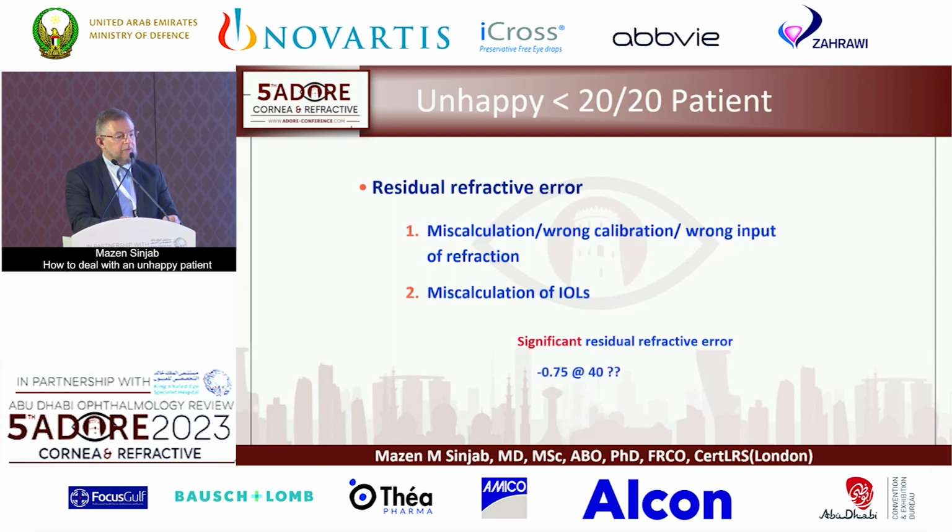Now, can we say that any refractive error is significant? Well, this depends on the previous refractive error and the induced refractive error and the amount and axis. Sometimes if the axis is oblique or against the rule, the patient cannot tolerate it, while if it is with the rule and small, then the patient can tolerate it.